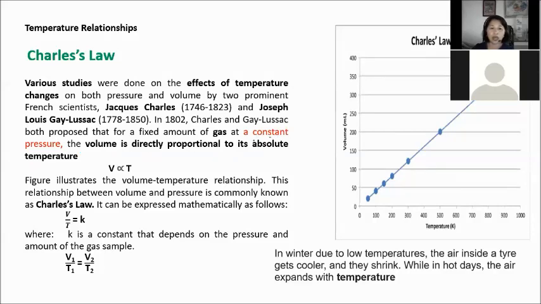So take note, absolute temperature. So V is directly proportional to T. So when we use a constant, then V over T is K, where K is a constant that depends on the pressure and amount of gas. Now for two conditions, we are given V1 over T1 equal to V2 over T2.